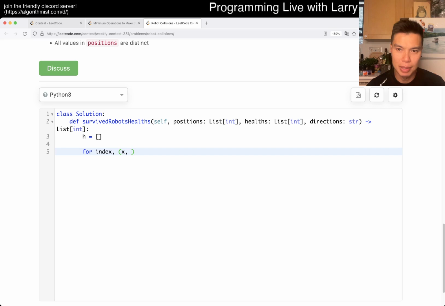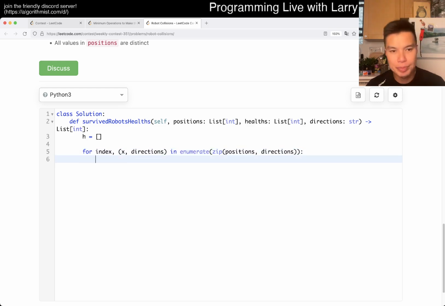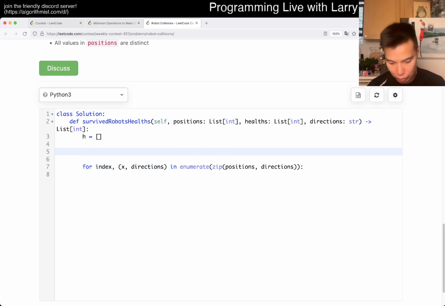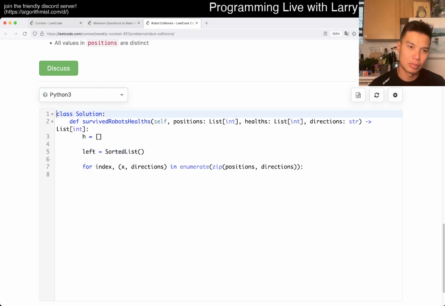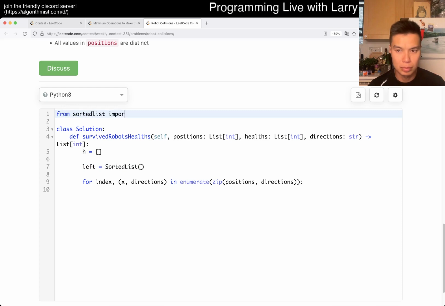Next, I guess health doesn't really matter. We want directions and enumerate. Haven't done this in a while.